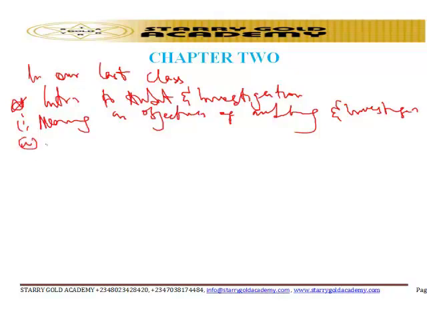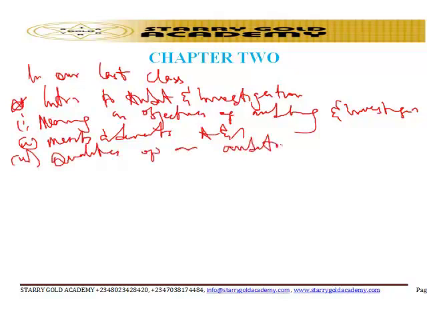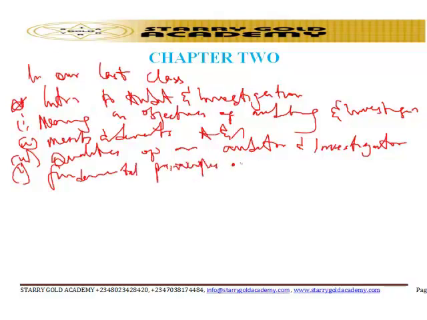We discussed merits and demerits of audit and investigation, and also the qualities of an auditor and investigator. And also we discussed the fundamental principles of auditing. By now you will know what the fundamental principles of auditing are, just like for accountants. It is also applicable to the tax auditor as well.